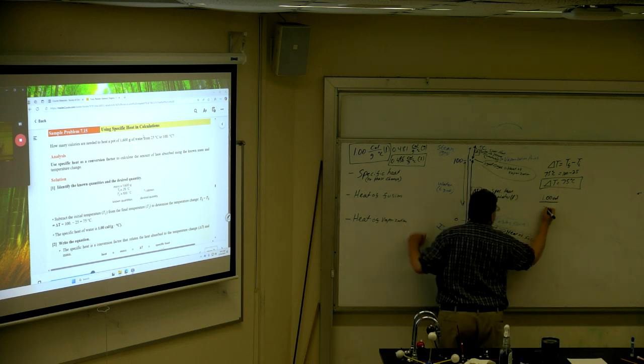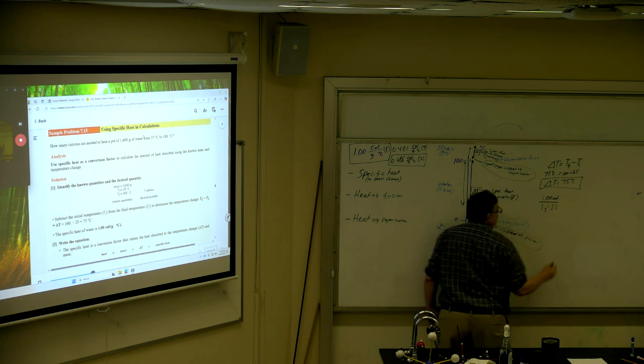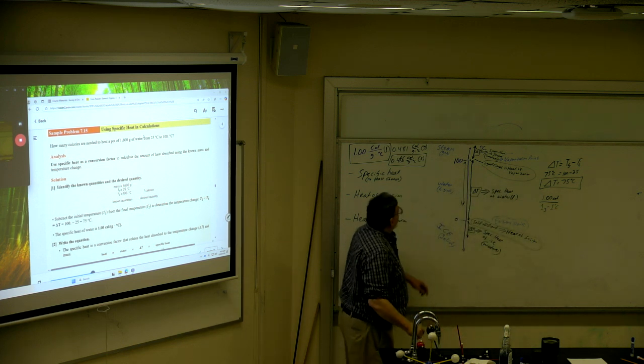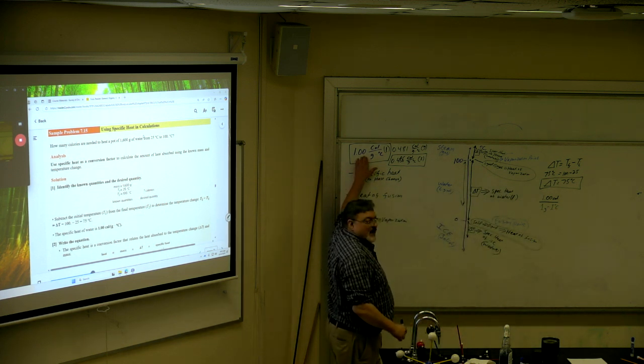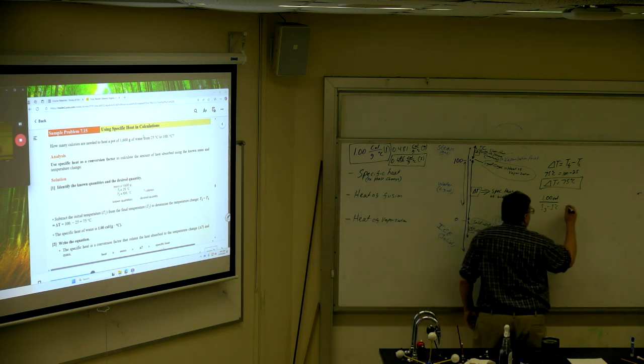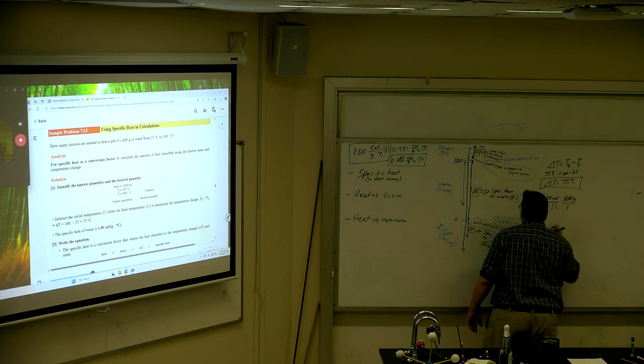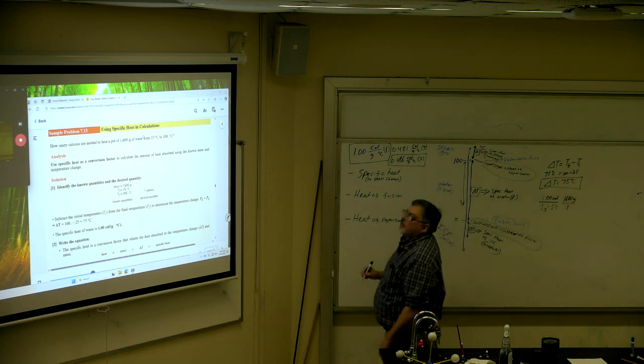and I typically like to write this as 1 gram to 1 degree C, and we usually put a dot there. So that's 1 calorie per gram degree C. And then I'm going to put up here 1,600 grams.